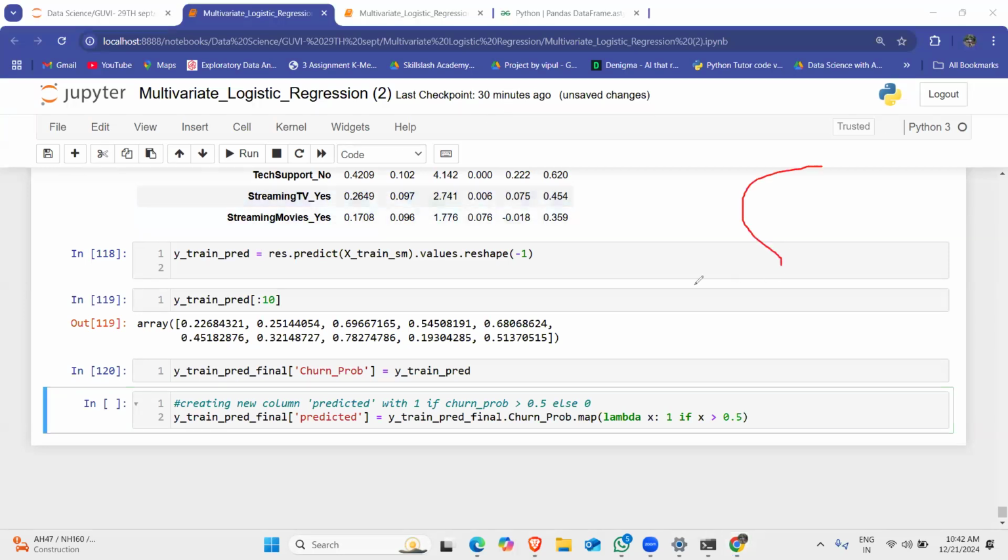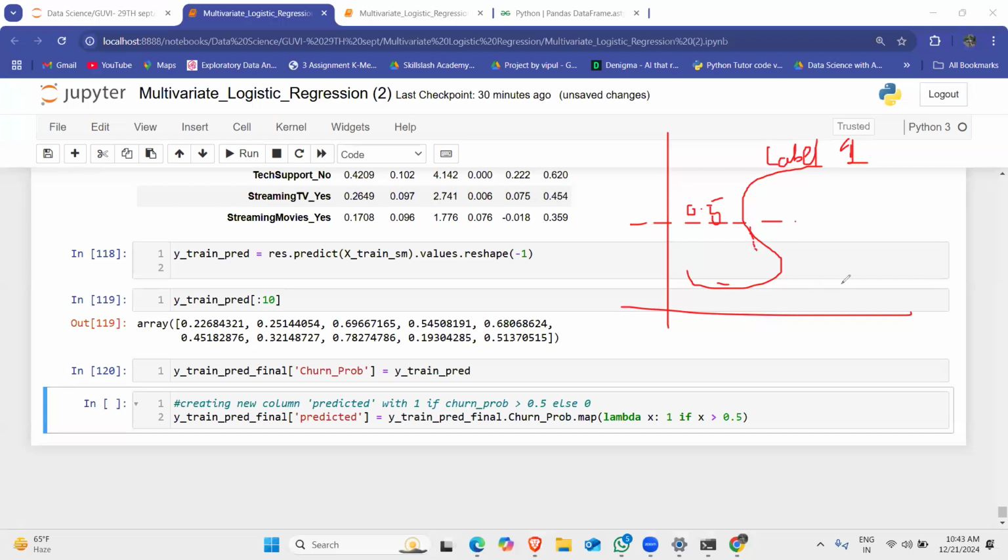So we have seen the sigmoid function. We are setting a threshold. If my probability is greater than 0.5, I'll classify them as label 1. If it is less than 0.5, I'll classify them as class 0.